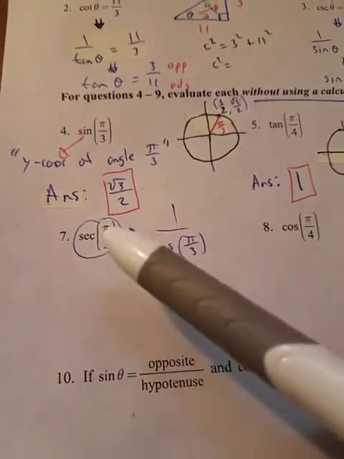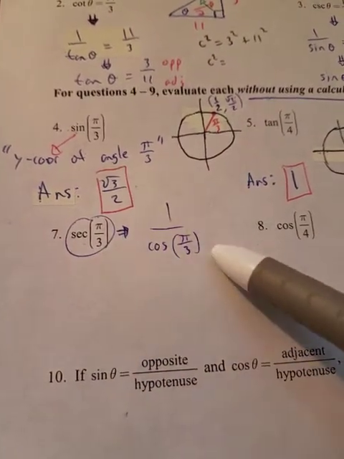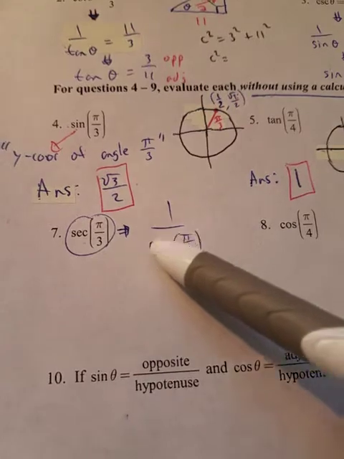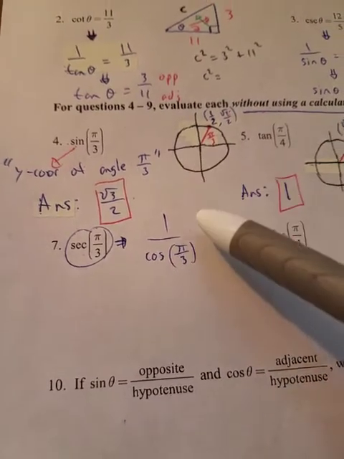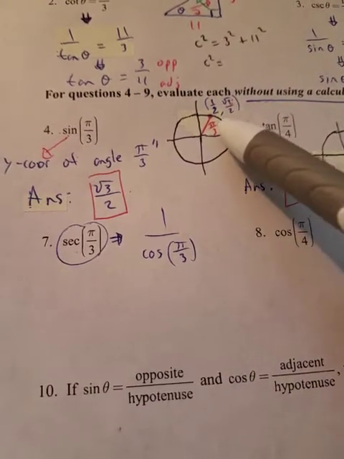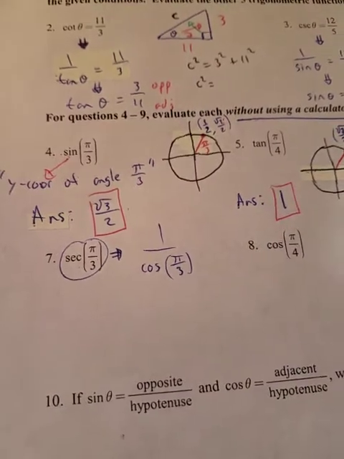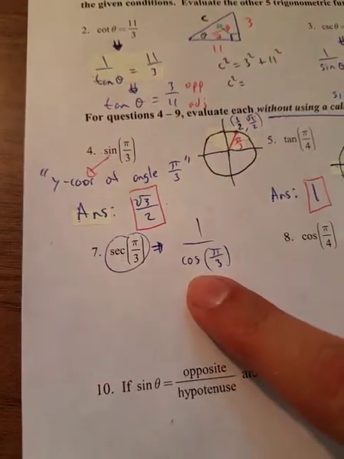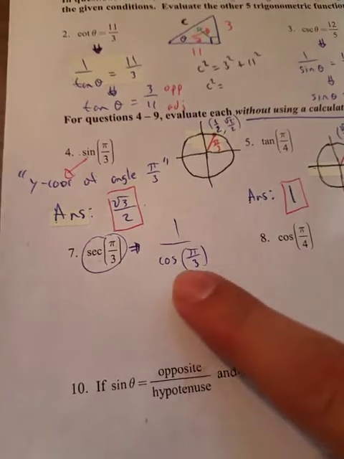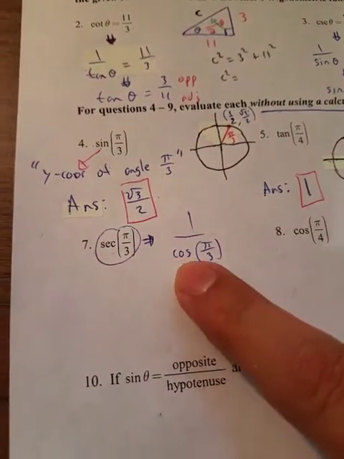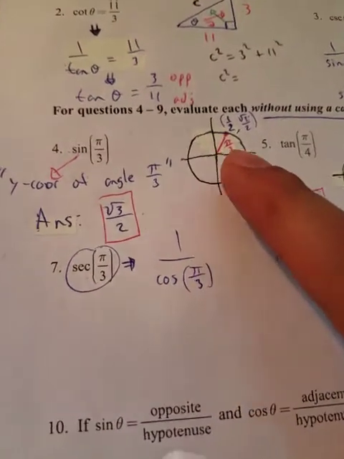Same here. This is difficult to do, but once you change it like this, oh, okay, I know how to do this. I just do the same thing I did here. Actually, you know what? This is the, there you go, nice. This is the x coordinate, right? You would say, what is the x coordinate now for cosine of the angle pi over 3? That's right there, 1/2.